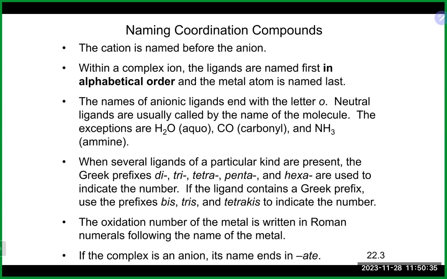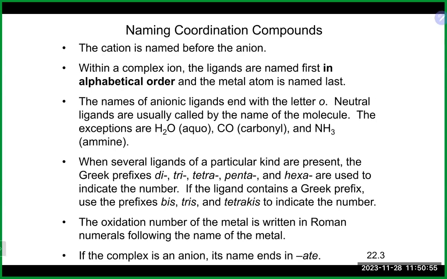If the ligand already itself has a prefix in the name, then you will roll to some other prefixes like bis, tris, bis for 2, tris for 3, tetrakis there for 4. Could be making this up, but I'm not. So you would roll with these prefixes here.